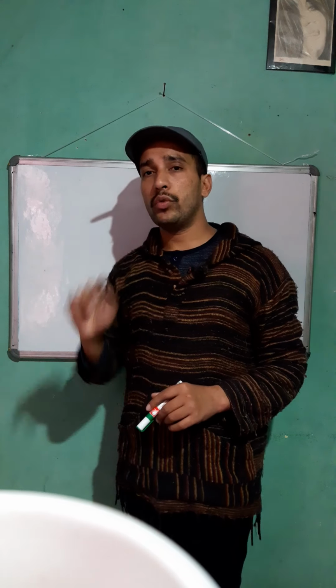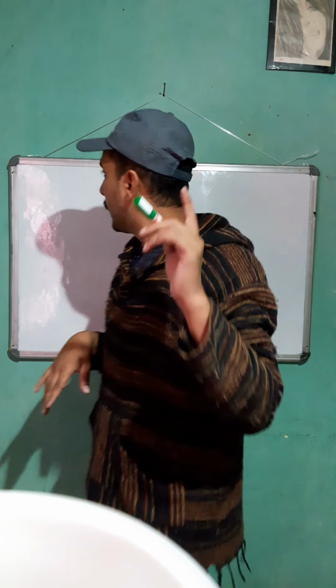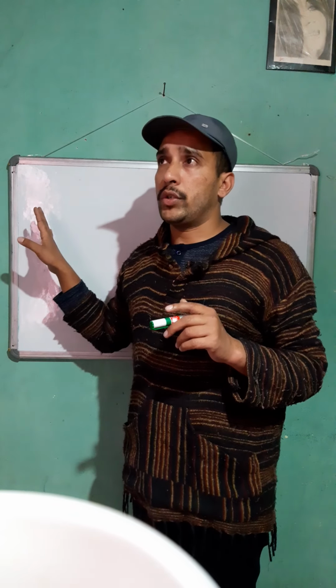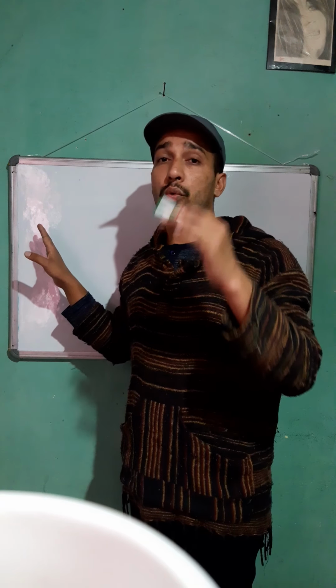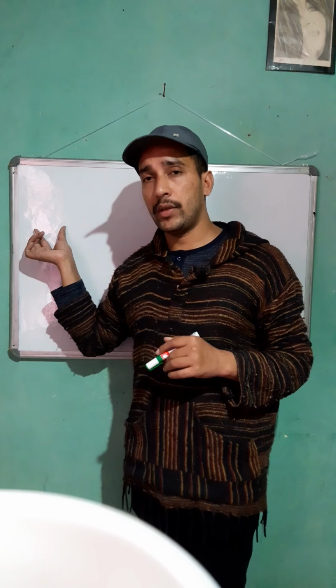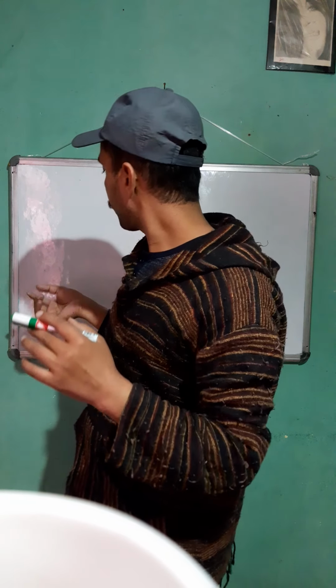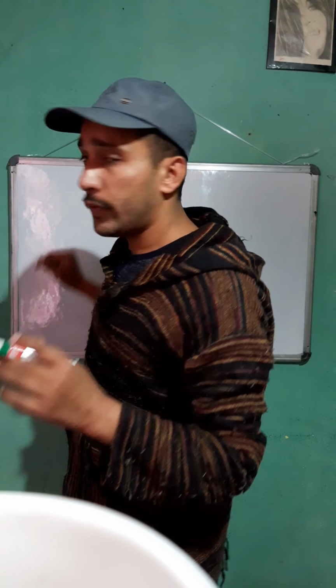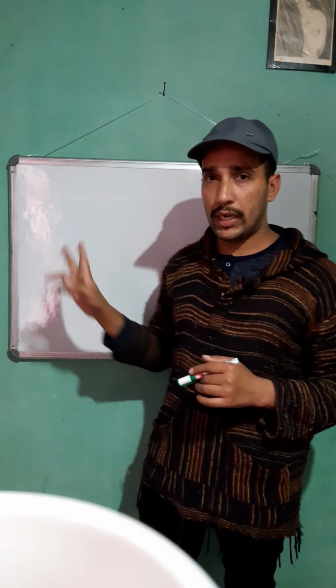So I gave you two merits. First merit was the law worked quite well for the lighter elements. That means till calcium, the law was very much applicable. And next was, for the first time periodicity in the properties of elements was identified. So that was the second merit.